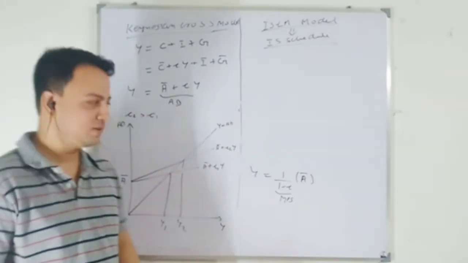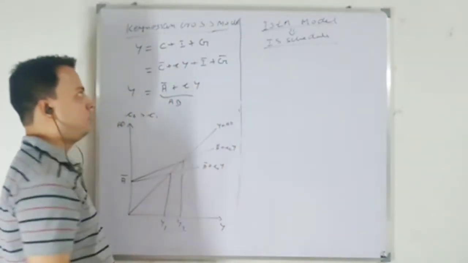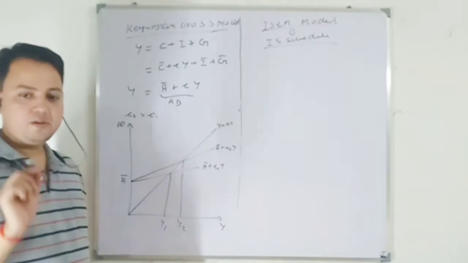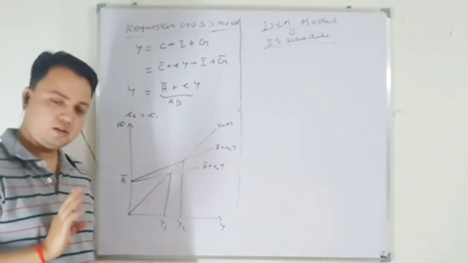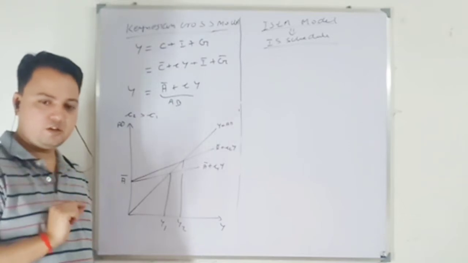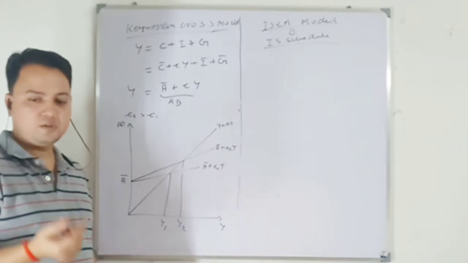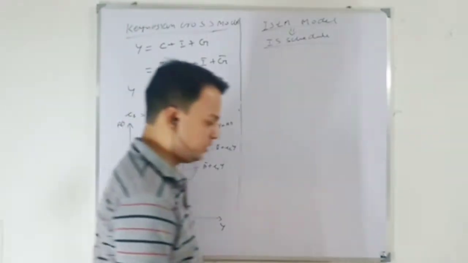Same thing here. The same equation we have written for the IS schedule also, but we have an induced part for investment. That we call responsiveness in investment due to change in rate of interest. Today I am going to discuss it in more detail.